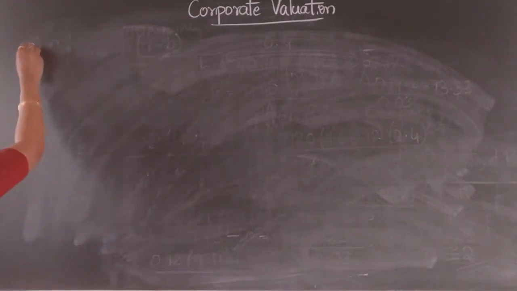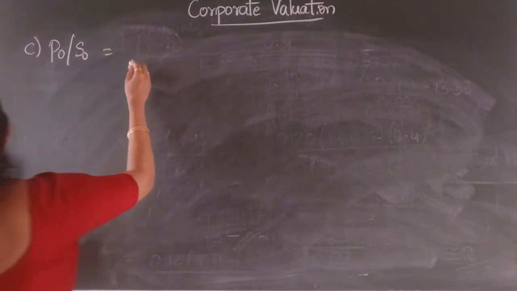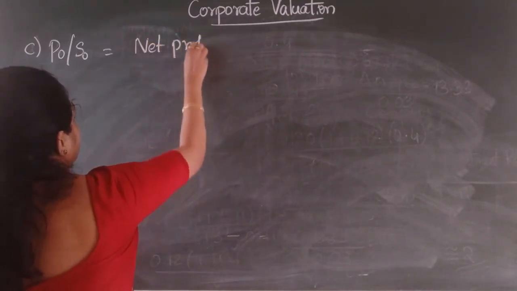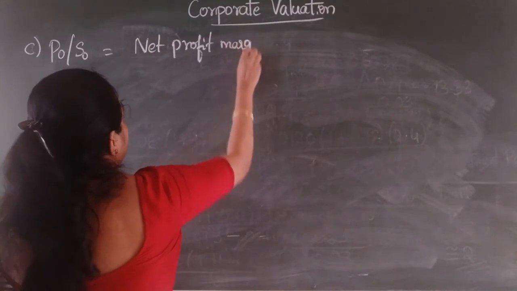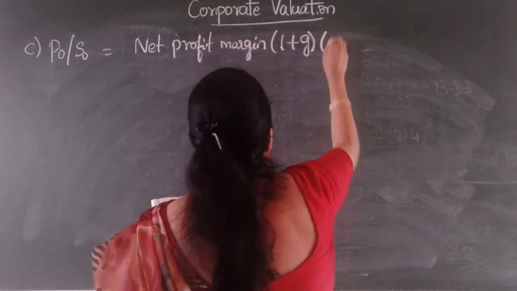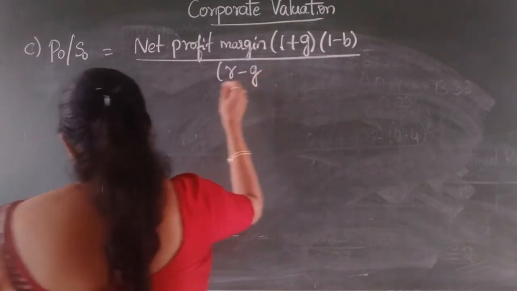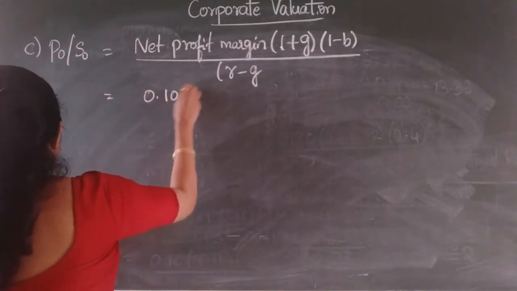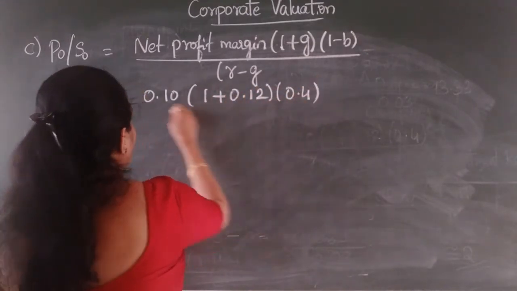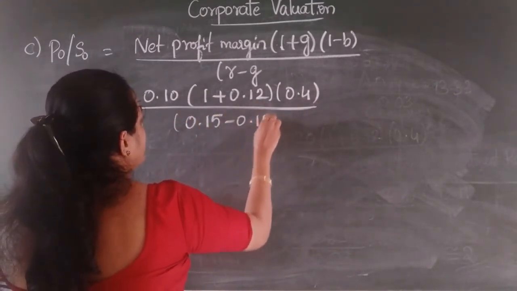Price to sales ratio is equal to net profit margin, NPM, given in the problem, into 1 plus G into 1 minus B divided by R minus G. Put the values: 0.10, that is 10%, 1 plus 0.12 into 0.4 divided by 0.15 minus 0.12.